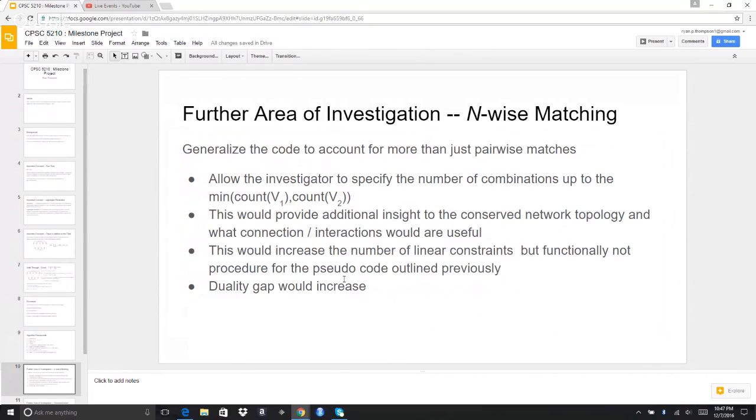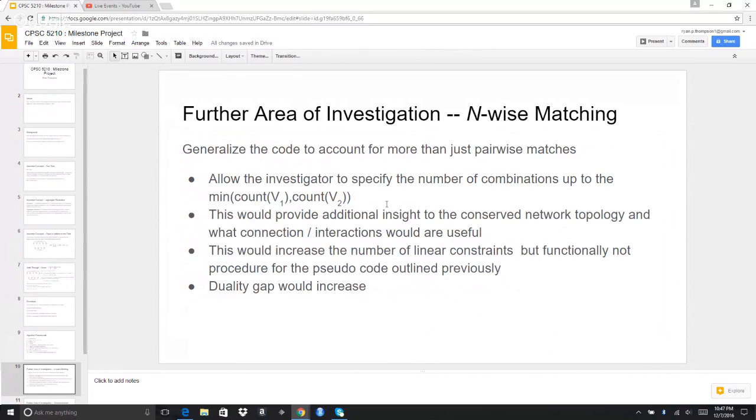So whoever is investigating the graphs would be allowed to specify the number of combinations, up to the minimum, whichever graph has the lowest number of vertexes. So if one graph has 10 vertexes, you can say up to 10, but not exceeding the minimum.